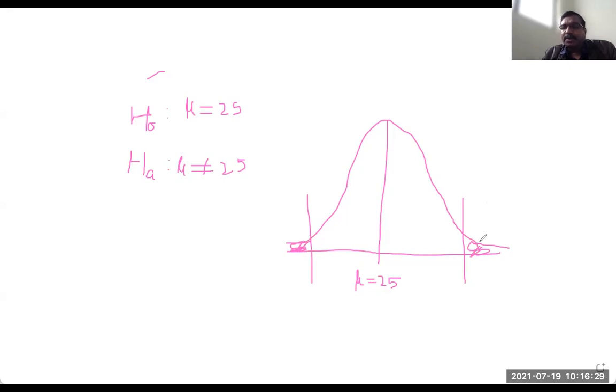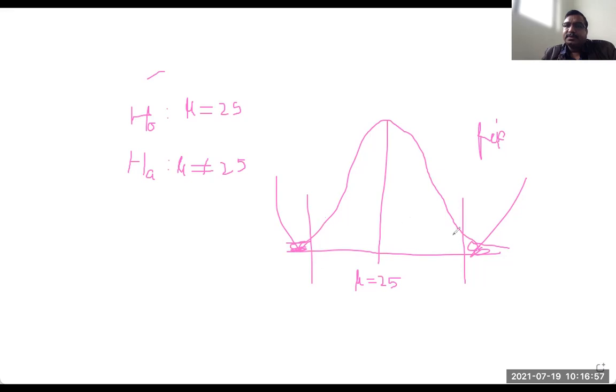If the sample mean falls in this region or this region, the null hypothesis should be rejected. So this is known as the both-tail testing or two-tail testing, right? We are considering both ends.